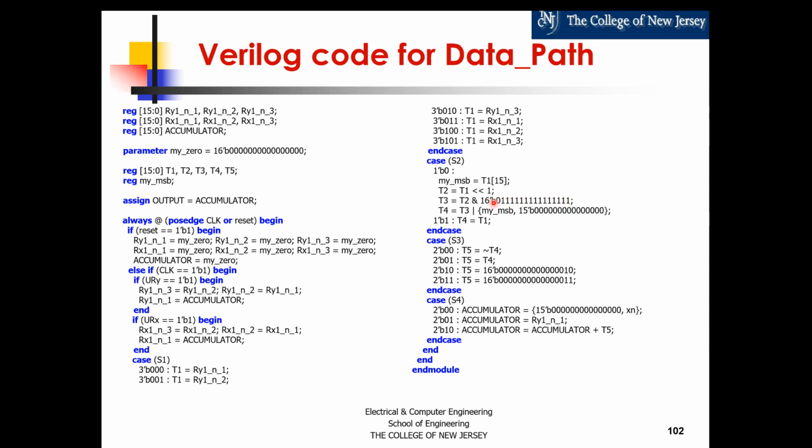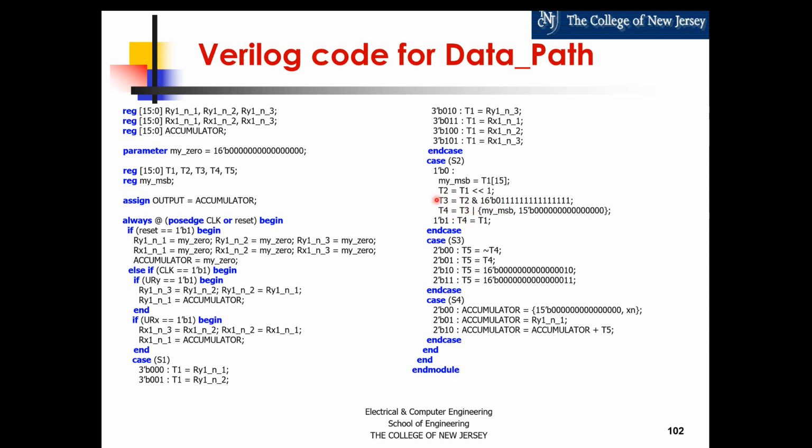Okay? Then I'm going to AND with this. And then I'm going to take this ANDing, which is essentially going to zero out or mask the most significant bit, and I'm going to OR it.